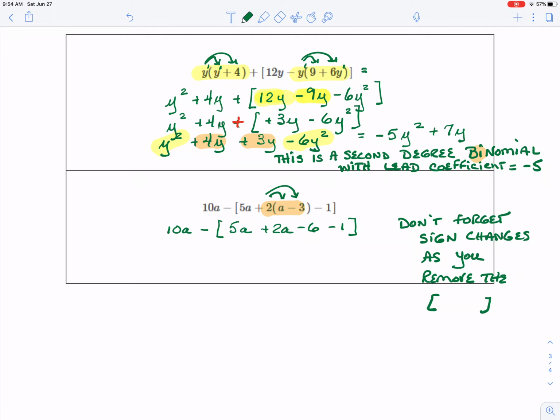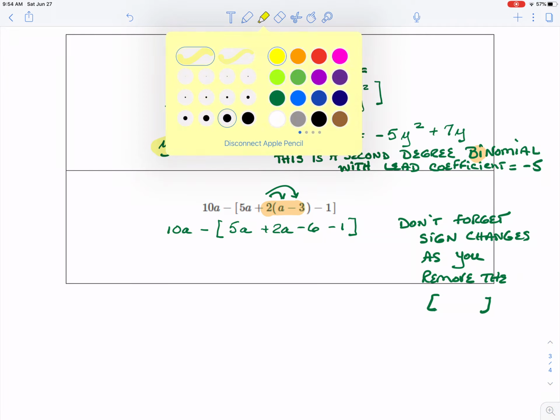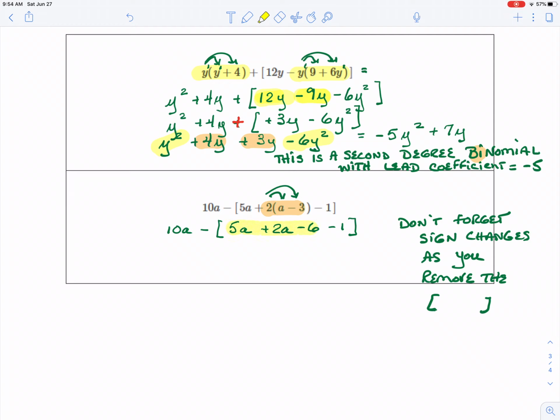Now within the brackets, I was about to say parentheses, within the brackets now I see some like terms. So let me go ahead and do that. Copy, copy, combine, combine. So you see how I'm working inside the bracket. Haven't moved outside, haven't done anything with that subtraction operation yet.